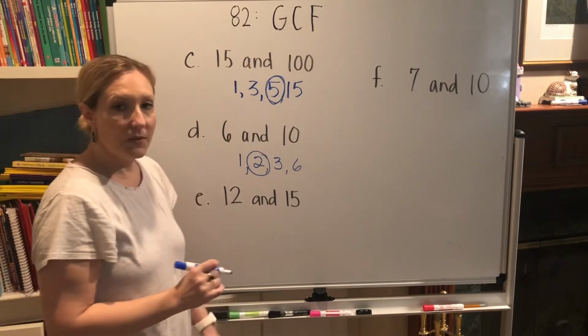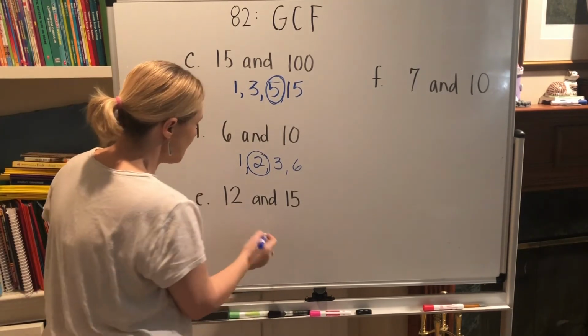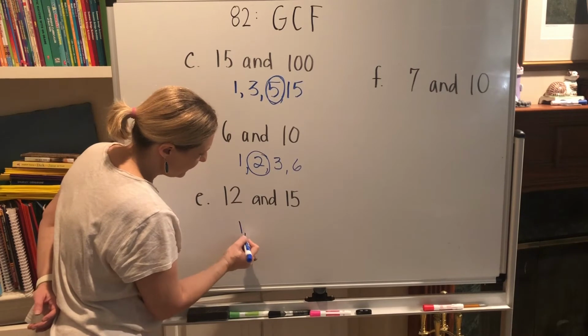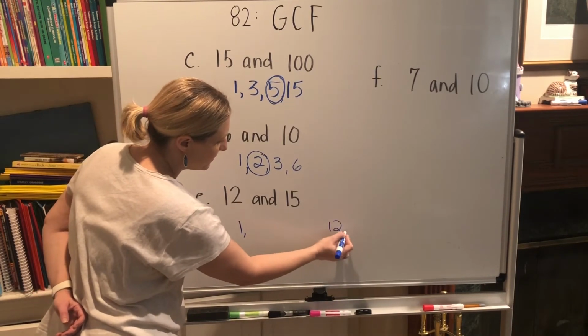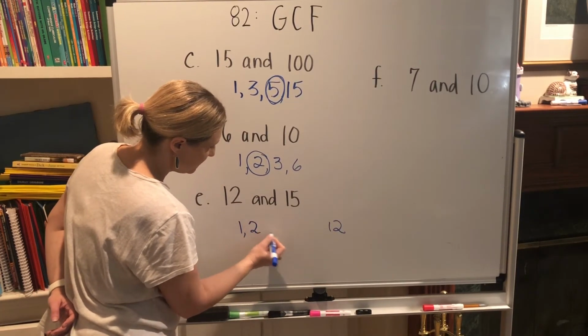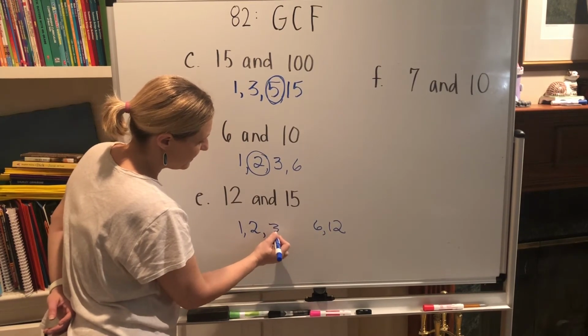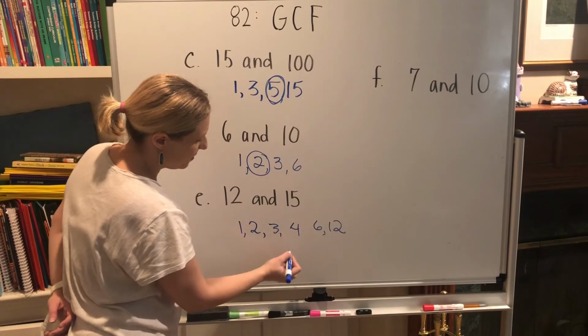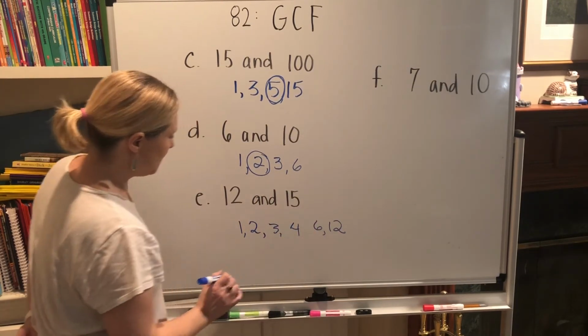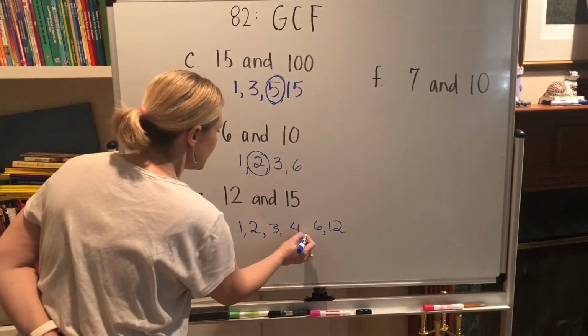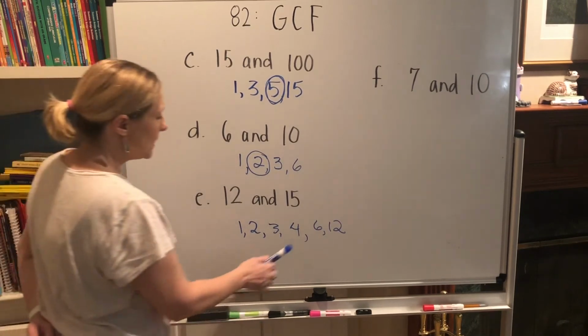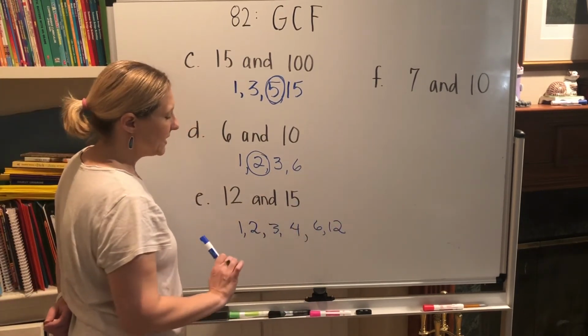Okay, let's look at 12 and 15. Factor our lowest number. We know that 1 times 12, 2 times 6, 3 times 4. And we can't fit any more numbers in between, so we know that's all the factors of 12. Does 12 go into 15 evenly?